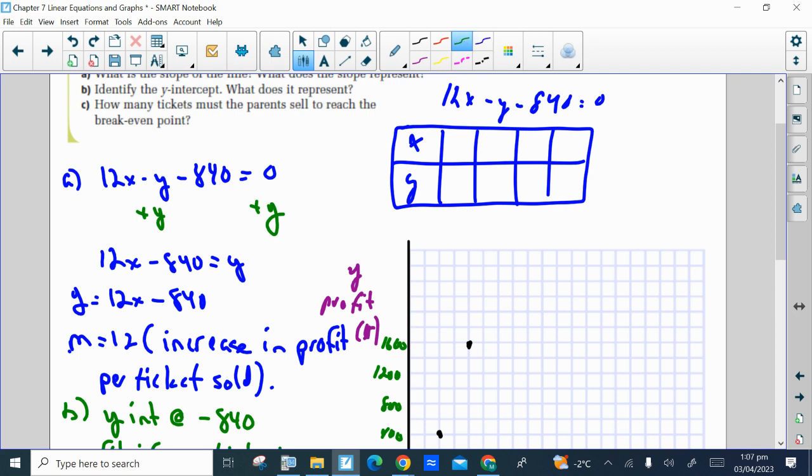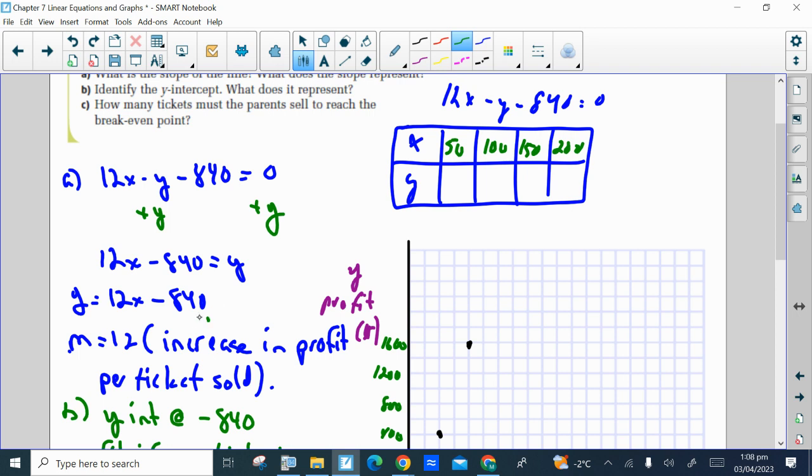For example, if you sell 50 tickets, what will the profit be? If you sell 100 tickets, and so on, what will the profit be? So this is another option that you can use to graph these lines, and what it does is it eliminates the need to change the slope into a number that you can use for your graph.